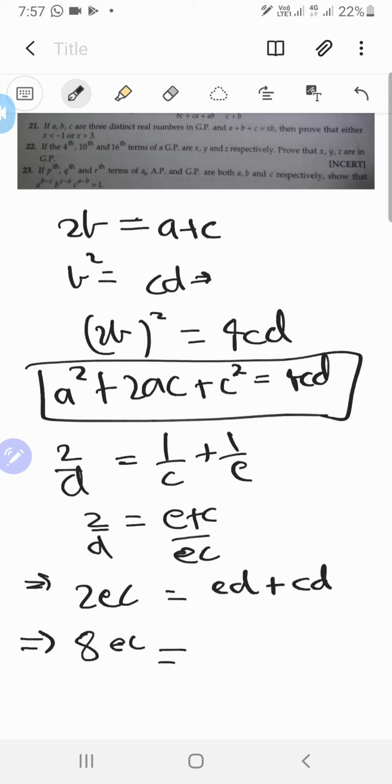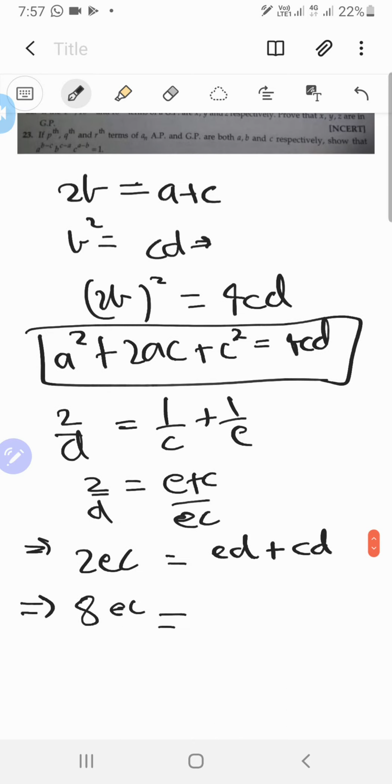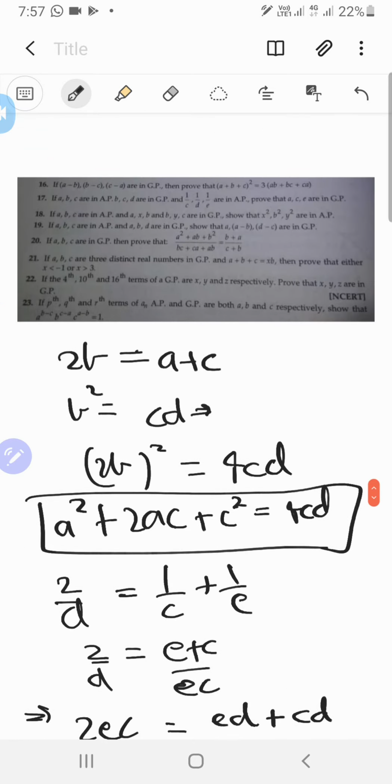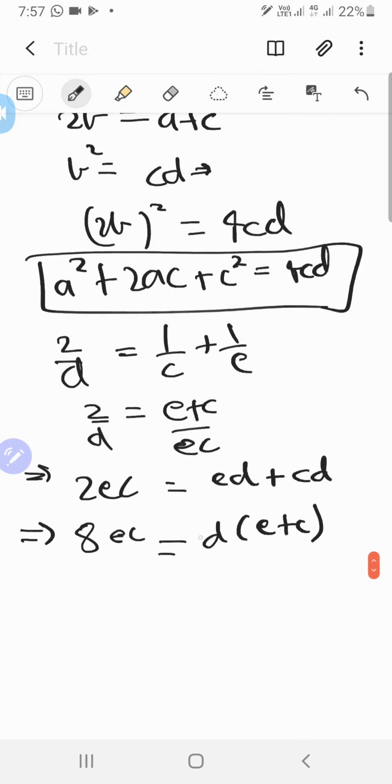Okay, we are trying to eliminate what, B from it and also D from it. So yeah, hopefully this will eliminate D completely. Okay, so this is going to be equal to D into E plus C. Now okay, 4 into D into E plus C. We can go ahead and multiply this by C, I think.